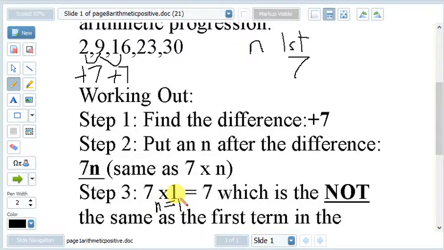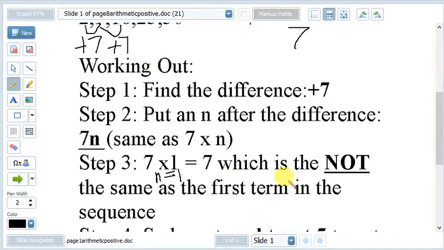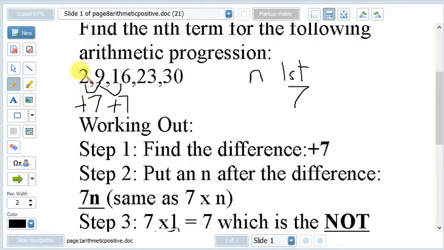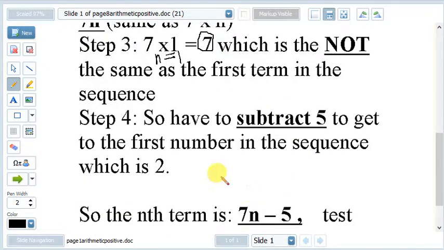So n equals 1, and that is 7. Now 7 is not the same as the first term in the sequence. The first term in the sequence is 2, so we've got to get from that 7 to 2 by either adding or subtracting, and of course we have to subtract 5 to get to the first number in the sequence, which is 2.